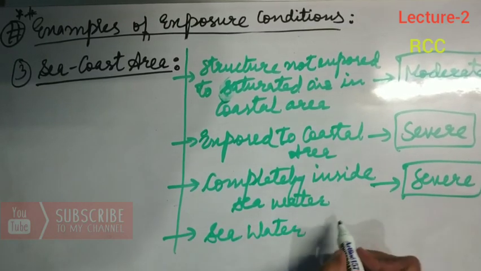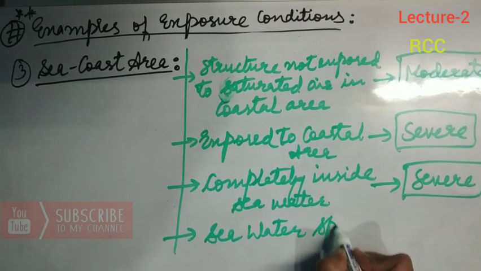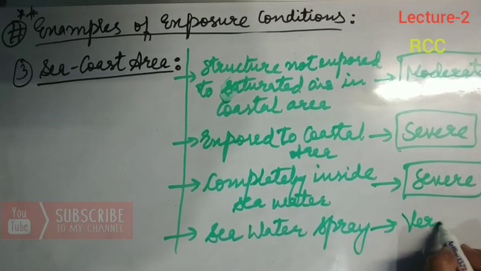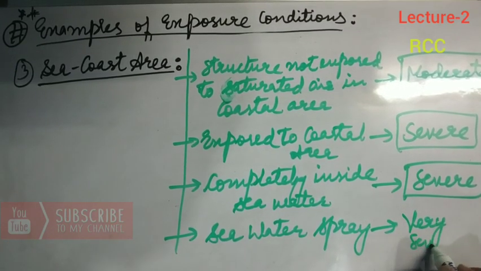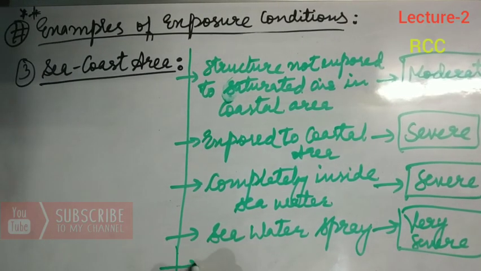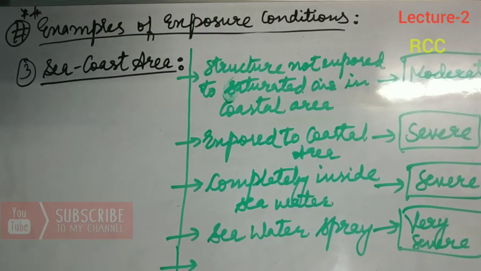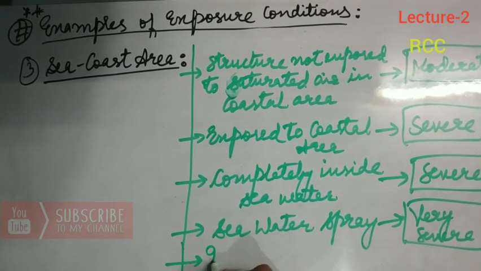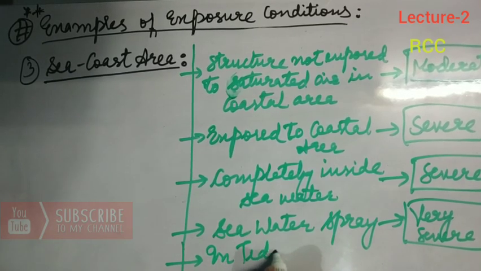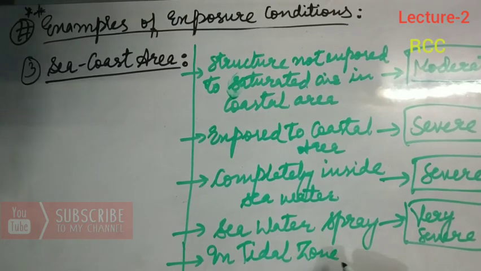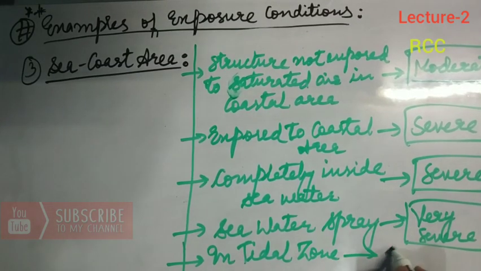If a structure is subjected to seawater spray, then the exposure condition will be called as very severe. Remember. And the last subcategory here is tidal zone. If a structure is in tidal zone, the exposure condition will be extreme.